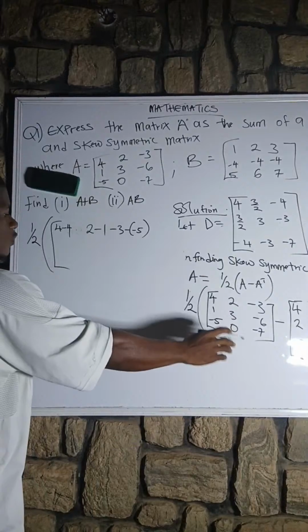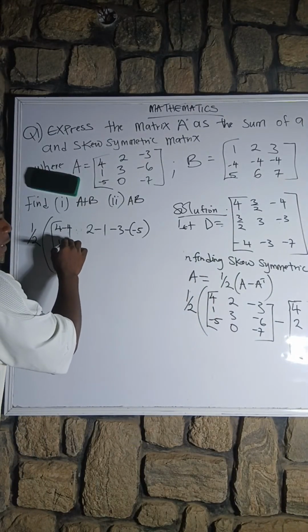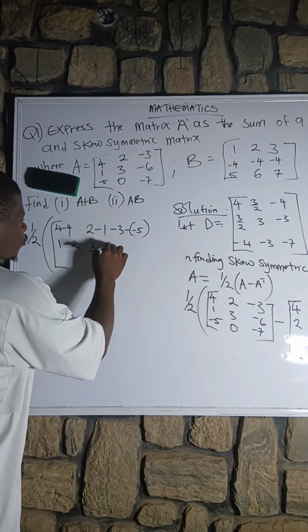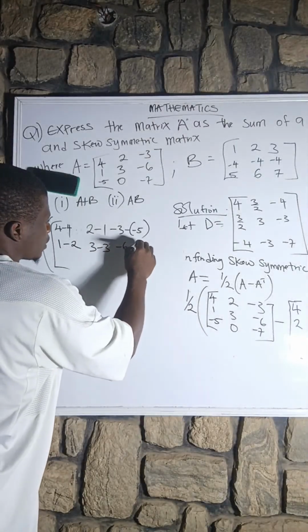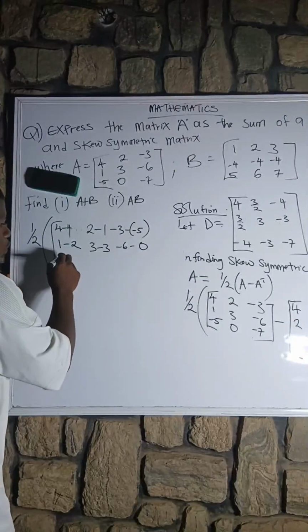Now, let's move to the second row. We have 1 minus 2, 3 minus 3, minus 6 minus 0. Let's move to the last row.